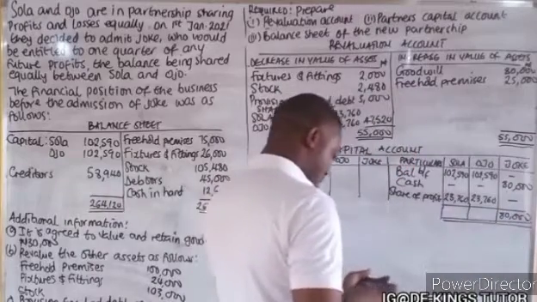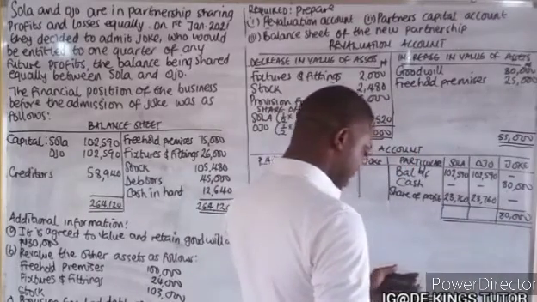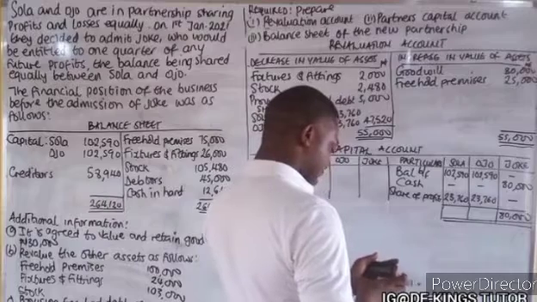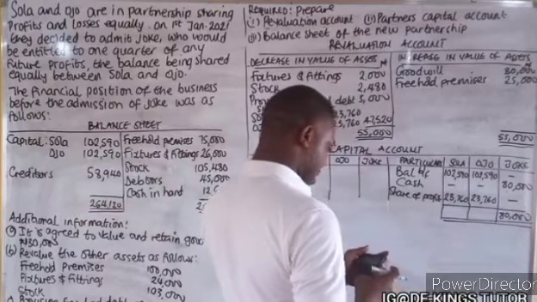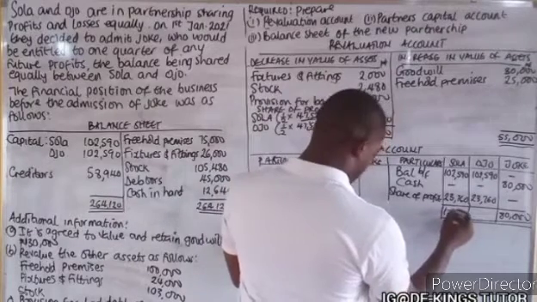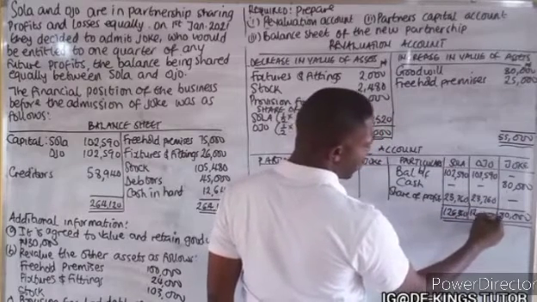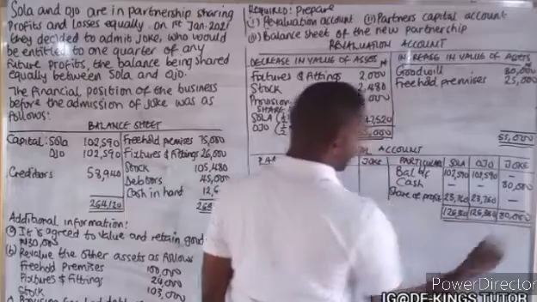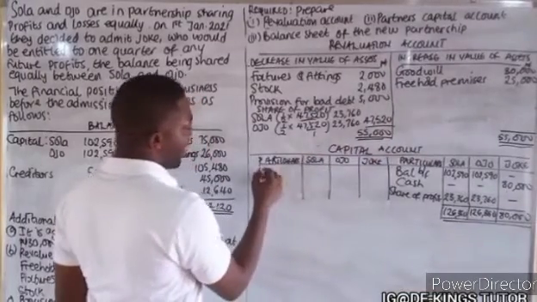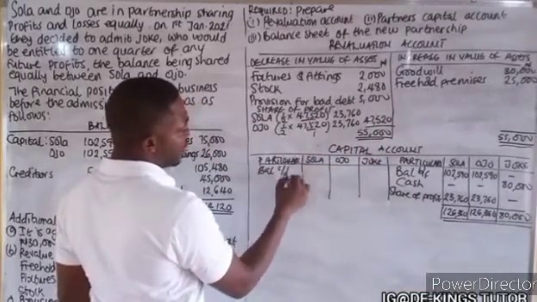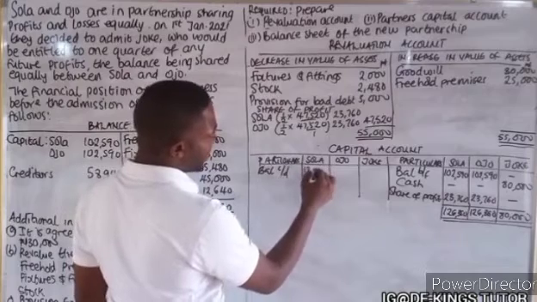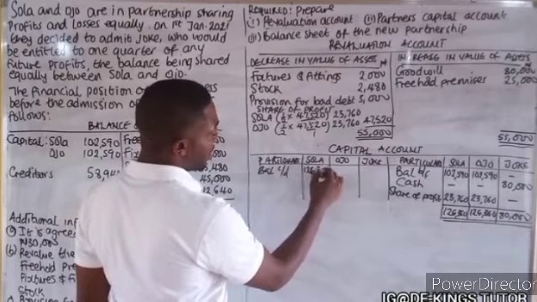Now this 102,590 plus 23,760 will give us 126,350. Okay, so we now have a balance carried down here, so that it will balance automatically. 126,350.